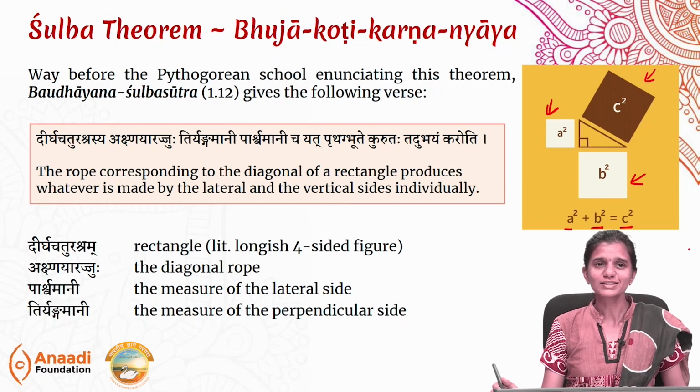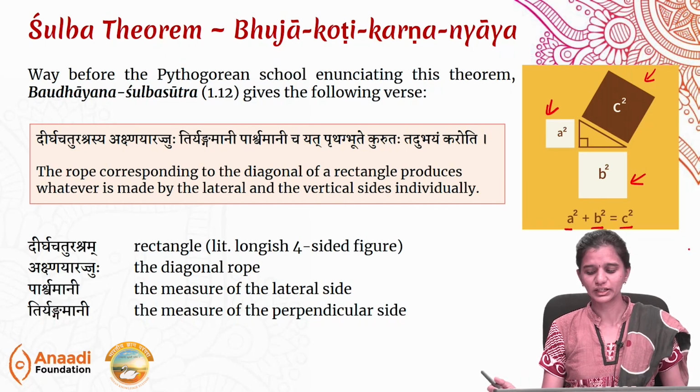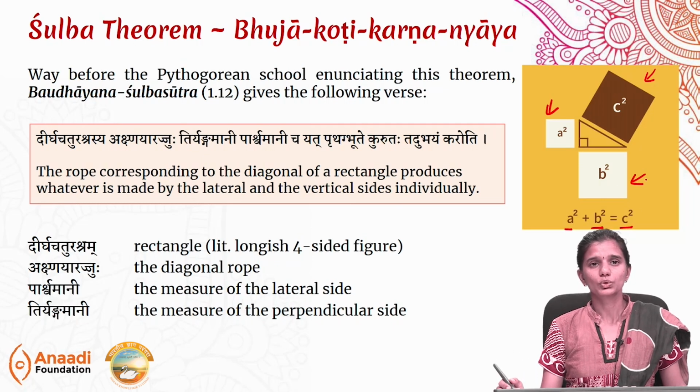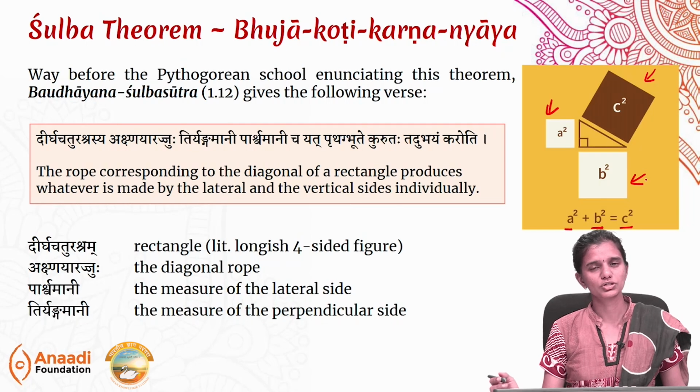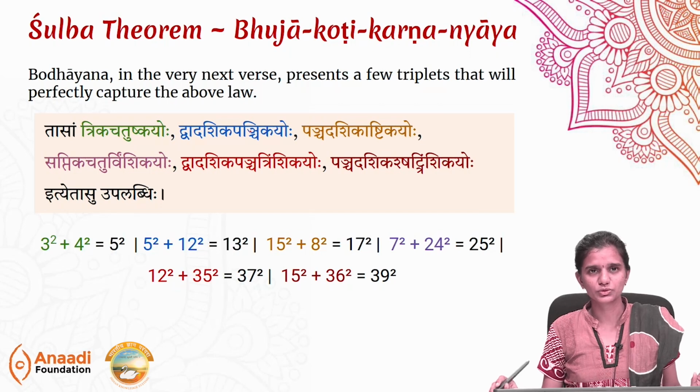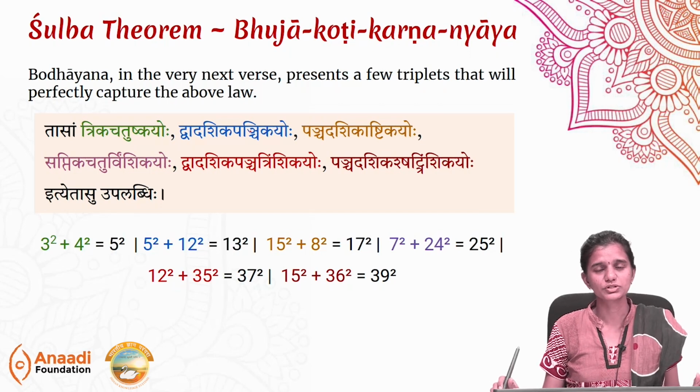So, this is a geometric way of putting that in a right angle triangle, the square of the two perpendicular sides will be equal to the square of the hypotenuse. Isn't this very interesting? Bodhayana, in his very next verse, presents a few values that obey this law.